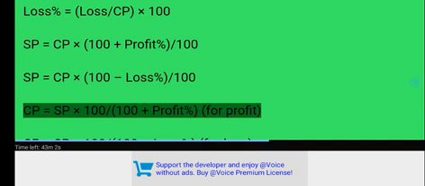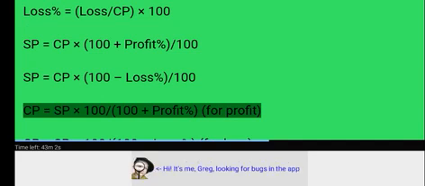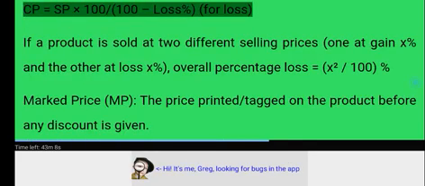CP equals SP times 100 divided by (100 plus profit percent) for profit. CP equals SP times 100 divided by (100 minus loss percent) for loss.